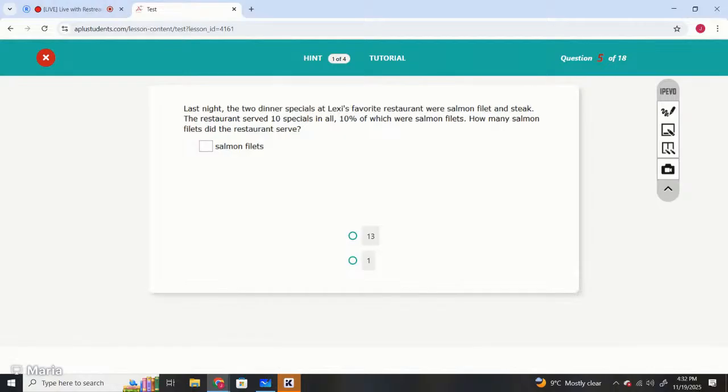Last night, the two dinner specials at Lexi's favorite restaurant were salmon fillet and steak. The restaurant served 10 specials in all, 10% of which were salmon fillets. How many salmon fillets did the restaurant serve? So, which is the correct option?